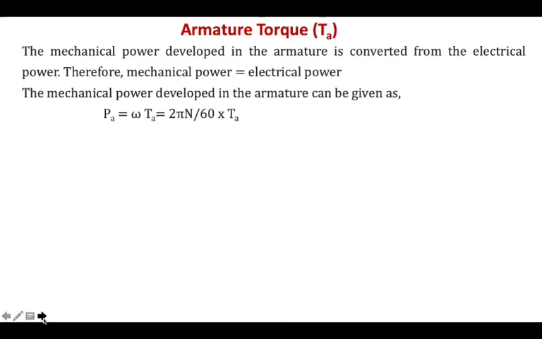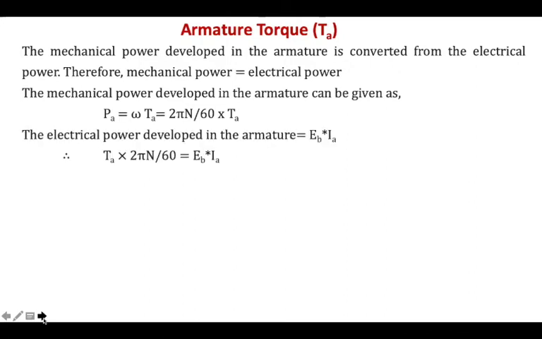Because we are talking about the armature, Pa = ω into the torque developed in the armature, that is 2πN/60 into Ta. The electrical power in terms of electrical quantities is given as the back EMF into the armature current, that is Eb into Ia. So we can write mechanical power equal to electrical power: ωT = EbIa.